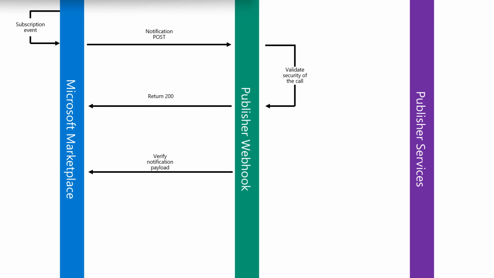For example, if you've had an unsubscribe event come in, you may want to go pull that subscription from the Microsoft Marketplace APIs and check that its status is indeed unsubscribed. The publisher's webhook will act on that notification by alerting some back-end publisher service, which can do any number of things. And we'll take a look at some proposed ones now.